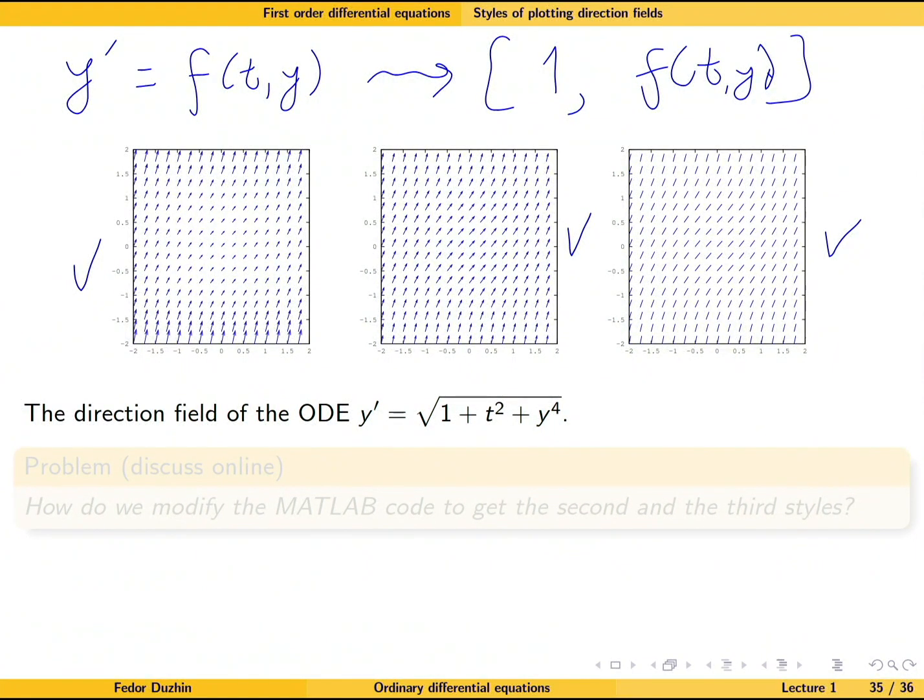Because what is the most important thing about these arrows is that every solution of a differential equation is a tangent to the direction field at each point. But of course, whether it is tangent or not does not depend on the length of the arrow, and it does not depend on whether it is actually an arrow or an interval.